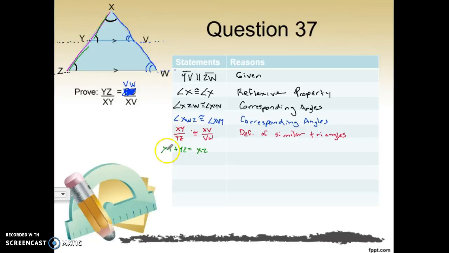And I can also say that XV plus VW equals XW. So I just did it for this side over here too. I can say that from the segment addition postulate. Remember that from a long time ago? The segment addition postulate tells me that I can add those two segments to get the whole one. Let me go ahead and write postulate.